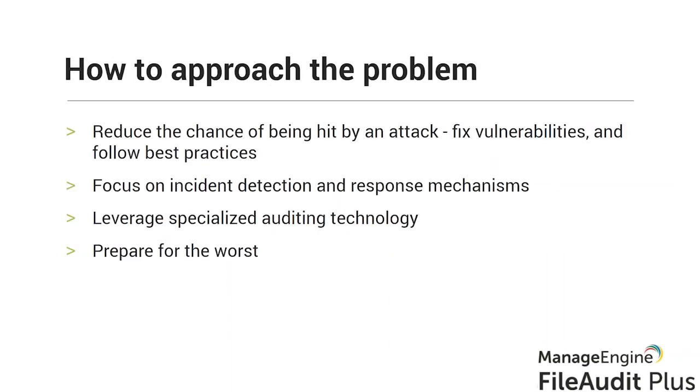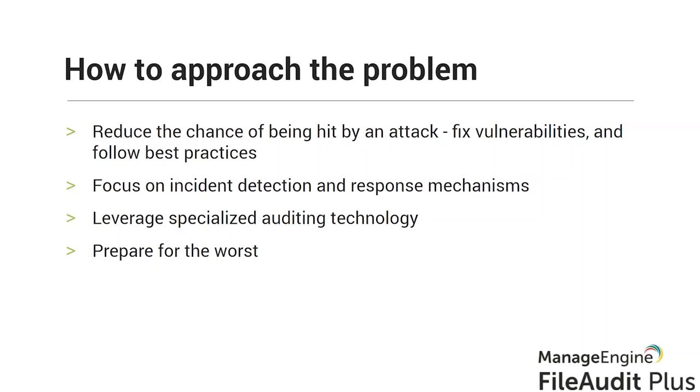Right. So I just wanted to mention that because we're now going to be looking at how to reduce the chance of being hit by an attack. And the first step, of course, is you can try to fix these vulnerabilities, right? Because we know that ransomware spreading across the network is a huge concern, and it's going to spread across the network through these different vulnerabilities.